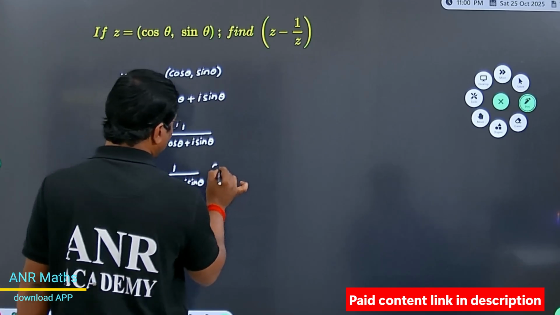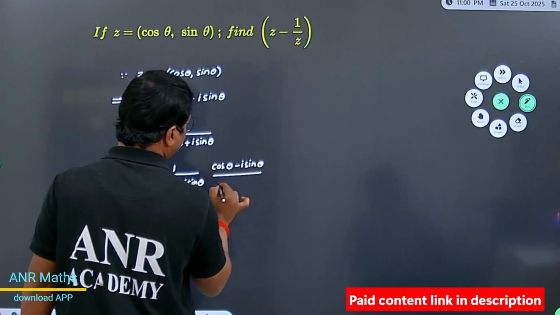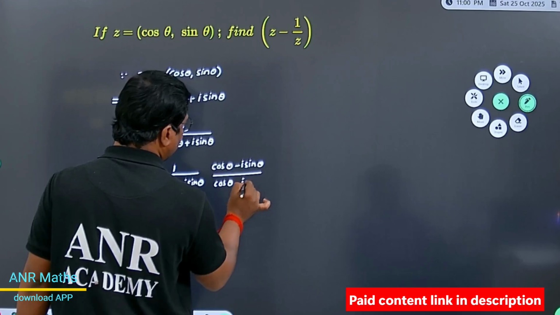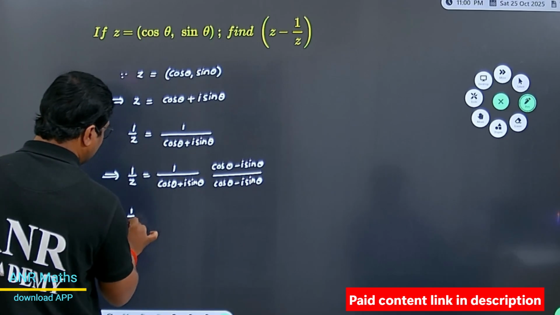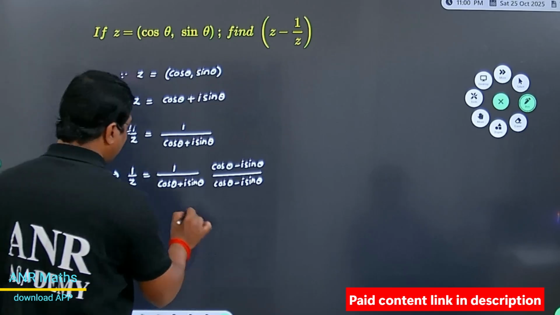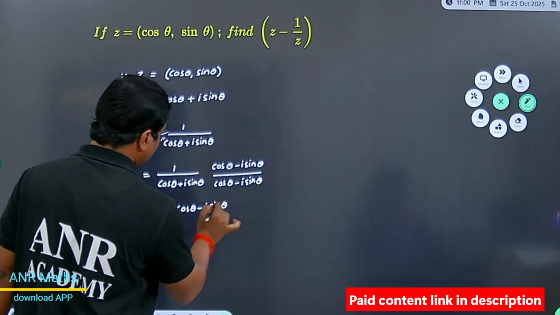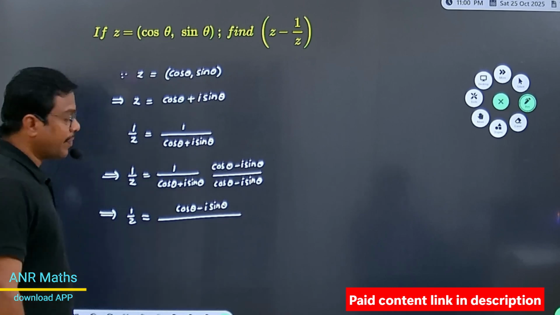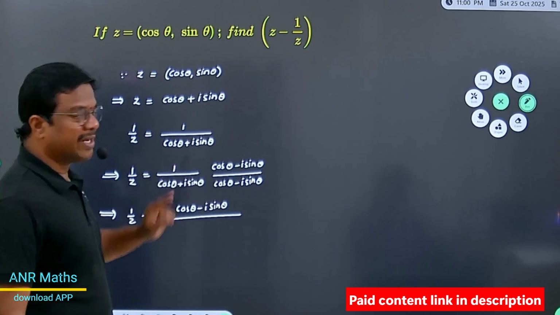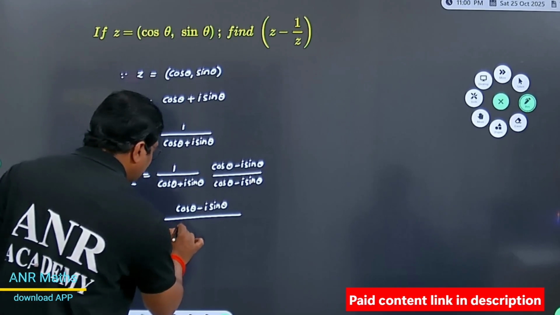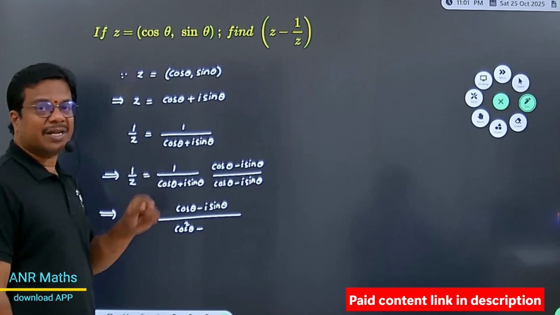If I rationalize with cos theta minus i sin theta, what happens, observe. 1 by z becomes, numerator cos theta minus i sin theta, and the denominator part is of the form (a plus b) into (a minus b), so that we get a square minus b square. A square value is clearly cos square theta, minus b square value i square sin square.